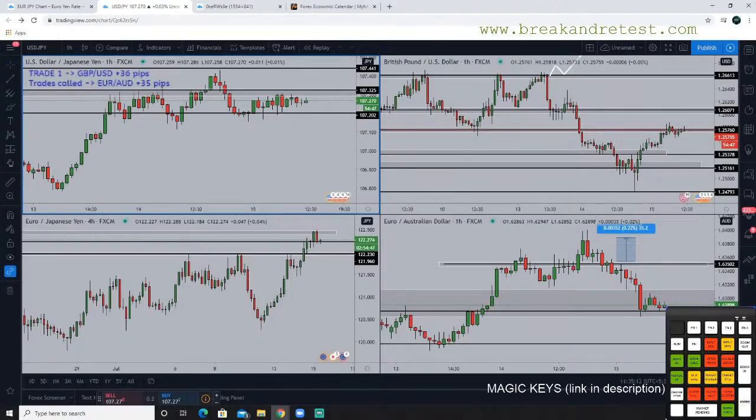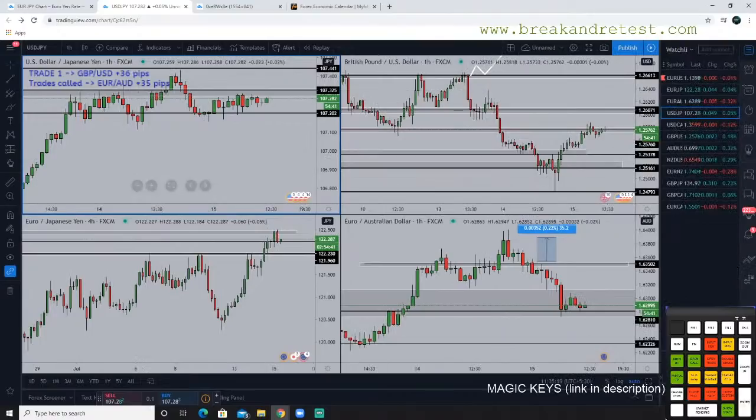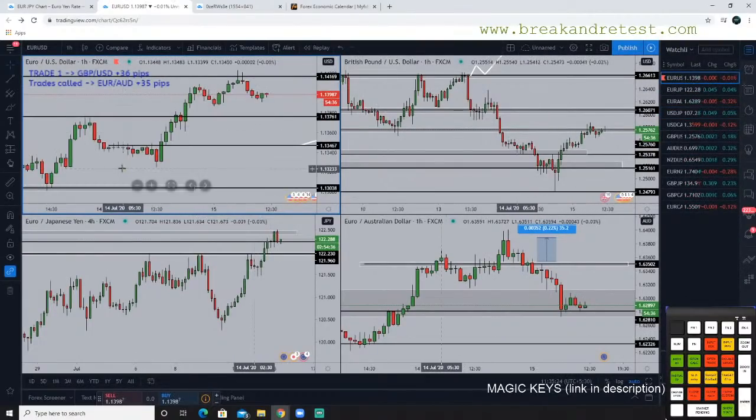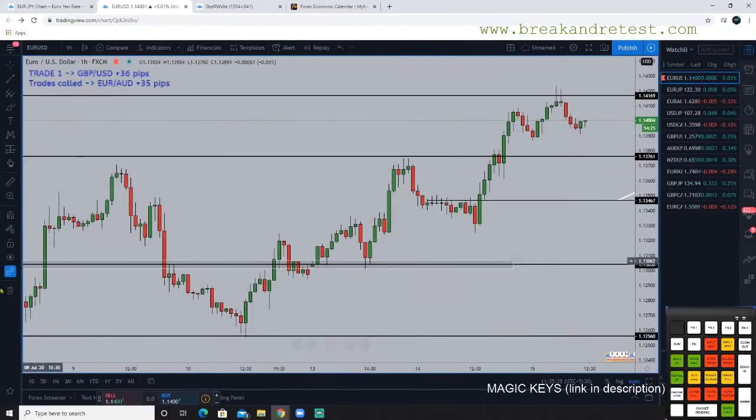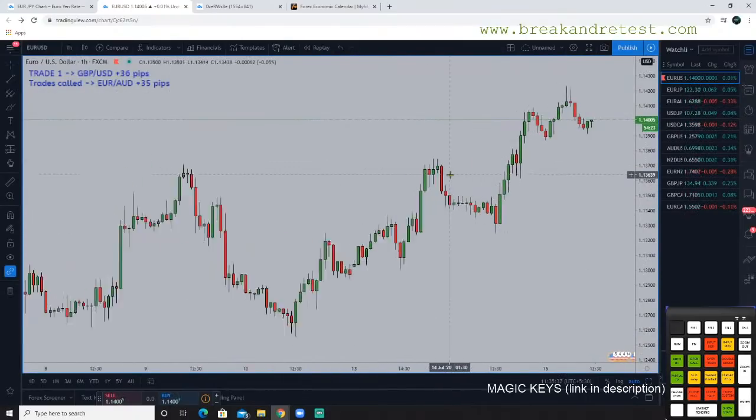We're gonna start to do some analysis first. We start from Euro USD and all the way down to the last one to see which one is giving us a better setup. First of all, we clean the charts and we start fresh.